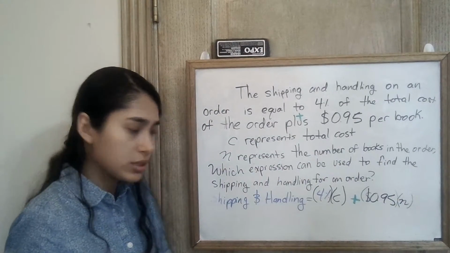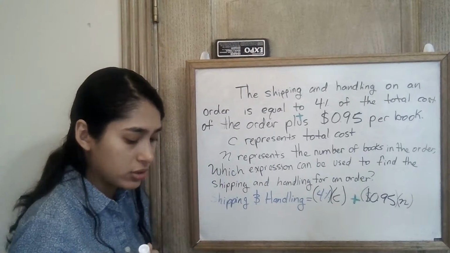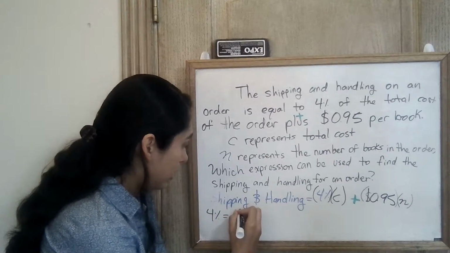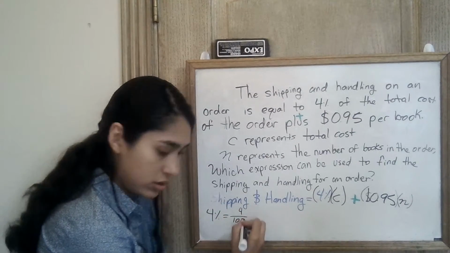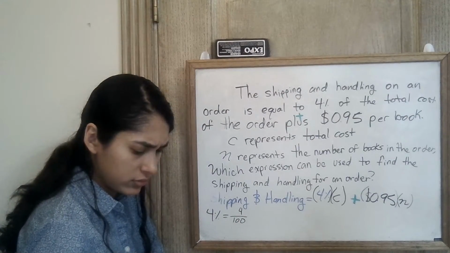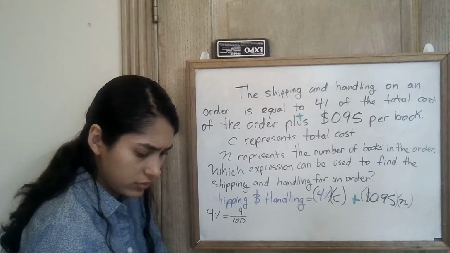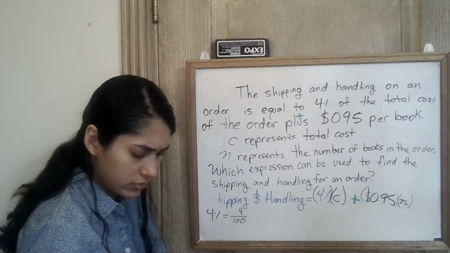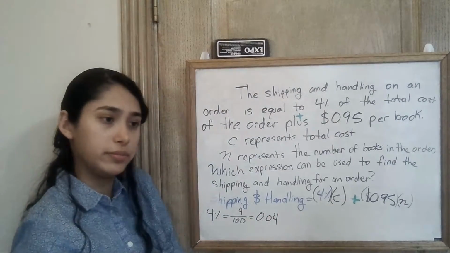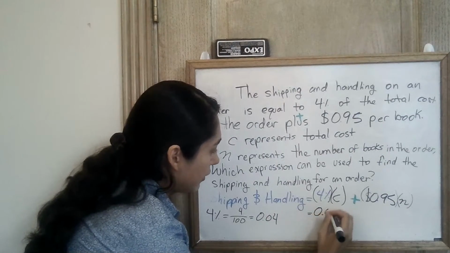All right. So let's go ahead and simplify this. Really, 4% can be rewritten as a fraction, because 4% is the same thing as 4 over 100, which is the same thing as this. So let's just tidy up a bit.